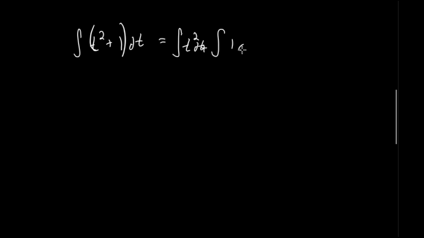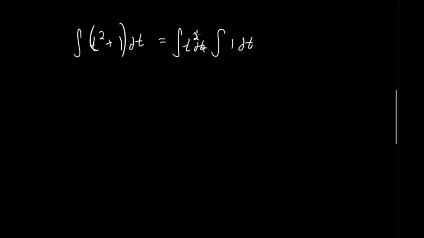Another integral property that you should know is that you can separate your integrals. As we previously saw in the example where we had t squared plus 1 dt, we can also just distribute this integral, treating it almost as if it's a constant that's multiplying throughout. So we can distribute that integral to t squared, and we see a plus, so we're going to do plus the integral of 1, and then don't forget dt.